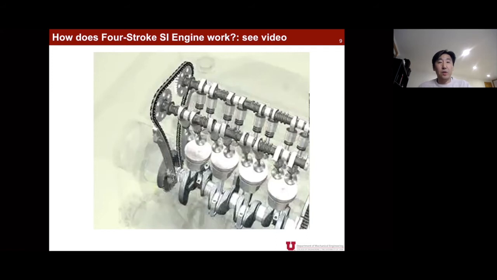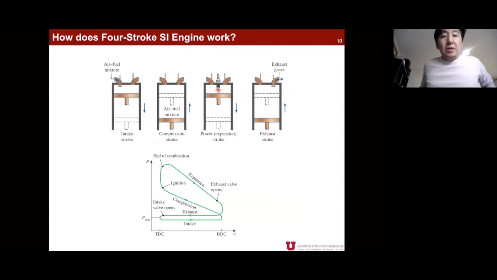I'm going to talk about the first, second, third, and fourth stroke. This is a very simple diagram of how your four-stroke SI engine makes up the four strokes of the cycle.